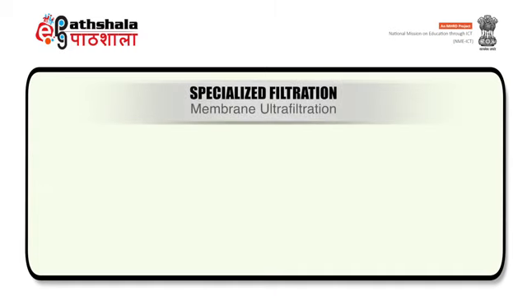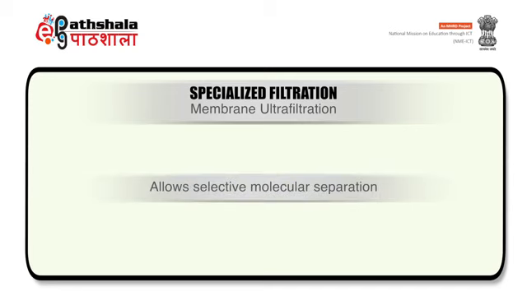Now come to membrane ultrafiltration. Ultrafiltration is a process of selective molecular separation. The difference between microfiltration and ultrafiltration is that microfiltration removes particulates and bacteria, whereas ultrafiltration separates molecules.